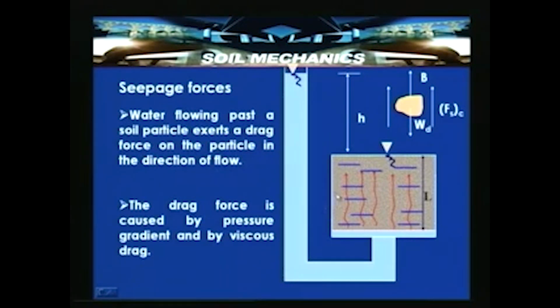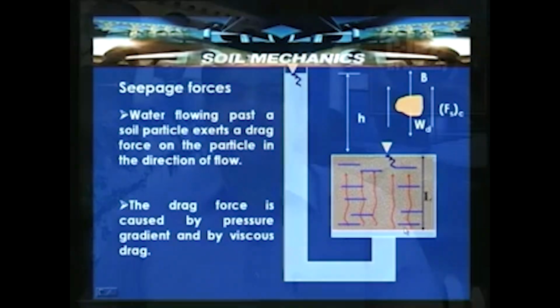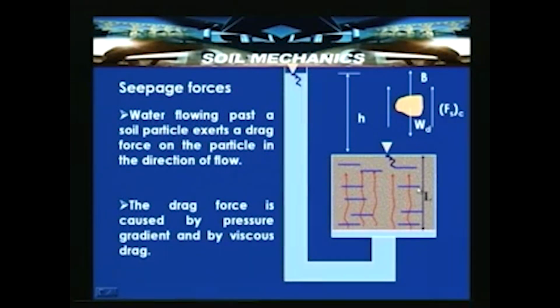Consider in this slide a container having frictionless boundaries, with a surface area A perpendicular to the plane of this figure, and length of the sample L. Assume a sand under saturation with certain density, and a water level is maintained here.